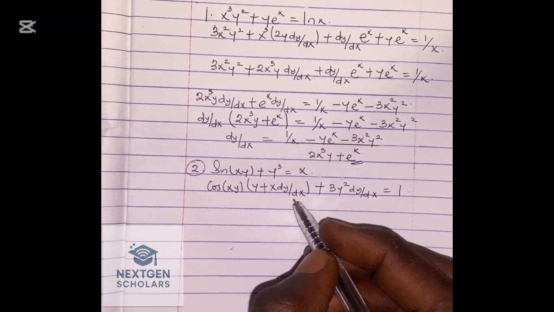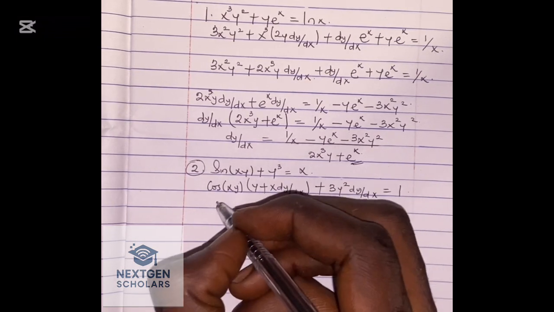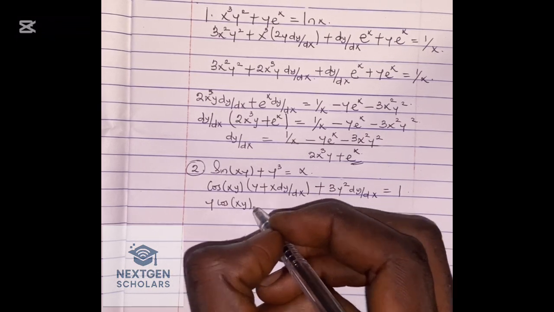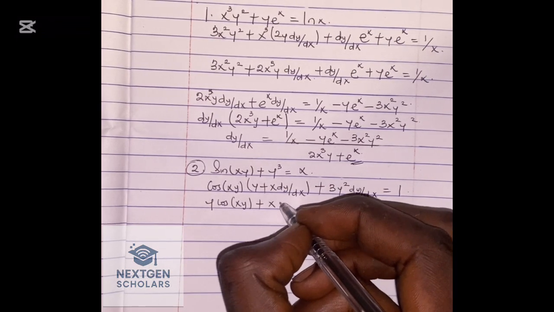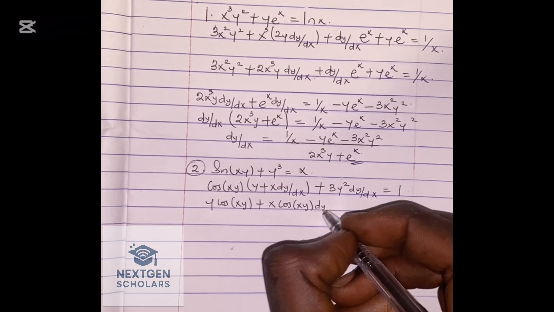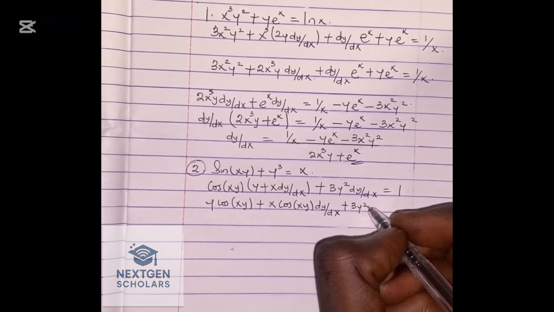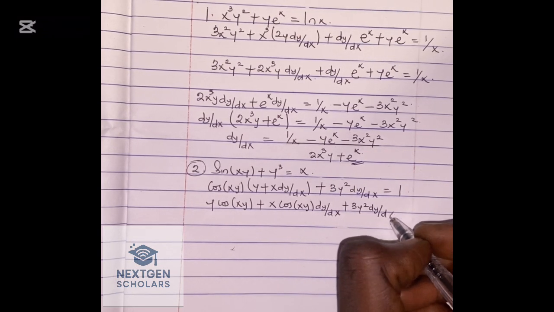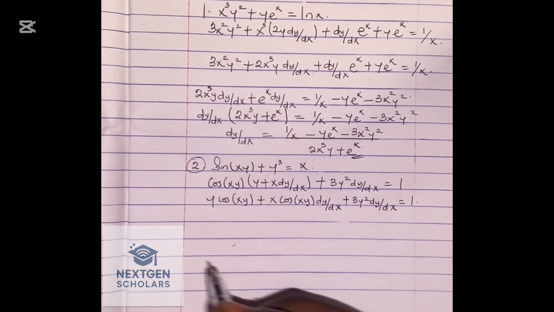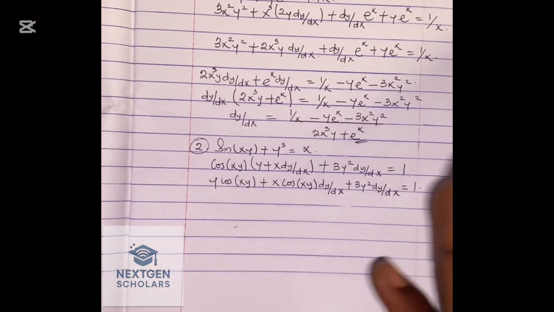Now the next thing we do here is open the bracket. So we have y cos xy plus x cos xy dy dx, plus 3y squared dy dx, all equaling 1. What we do next is put all the dy dx terms together and move whatever is left to the other side.